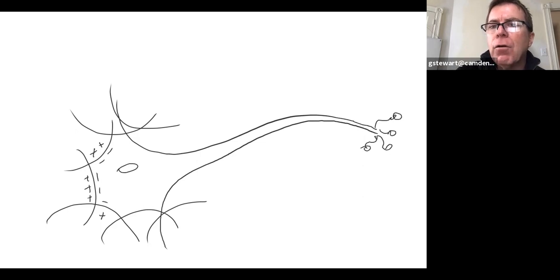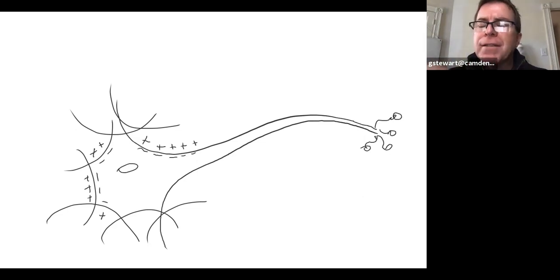And that occurs all the way around the cell. And we call this situation resting membrane potential, because this occurs when the cell's at rest and it has potential now to do some work.